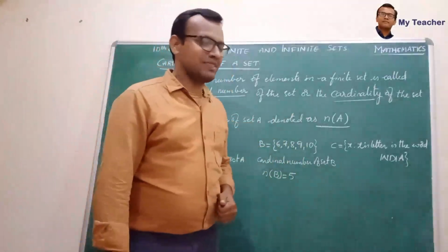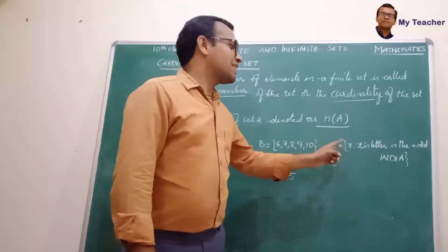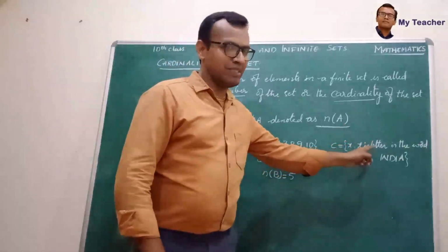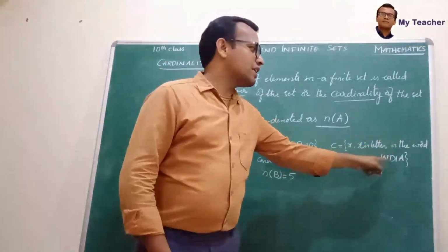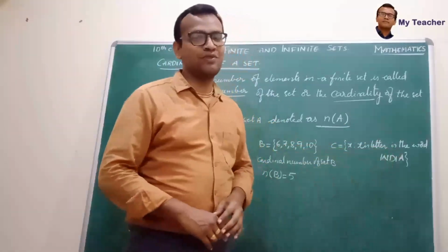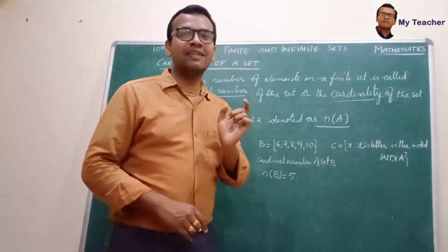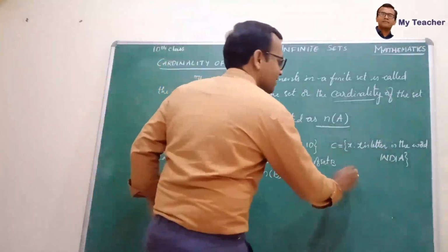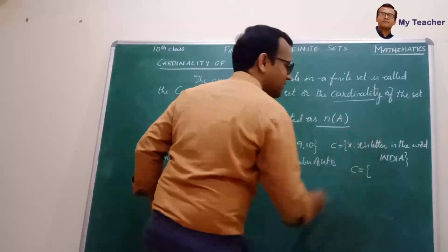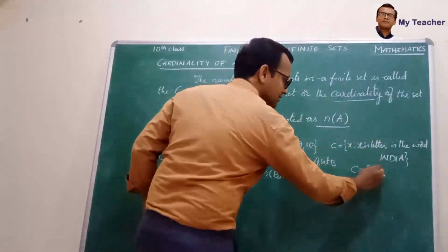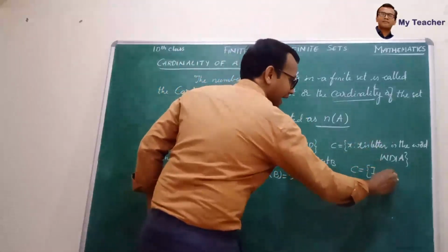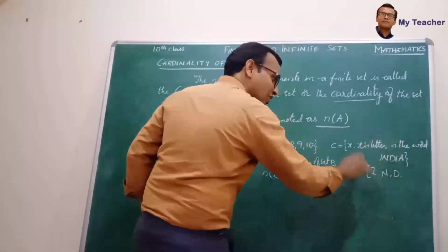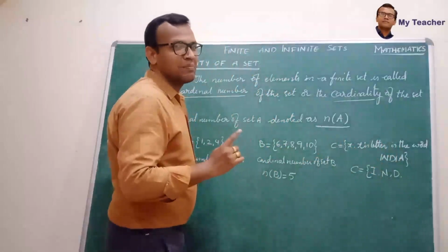Let's see the last one. C is equal to the set of x such that x is a letter, means an alphabet, in the word INDIA. So in the word INDIA, what letters are there? They are there in the set C. So C becomes the set {I, N, D, A}. I is already written. It should not be repeated.